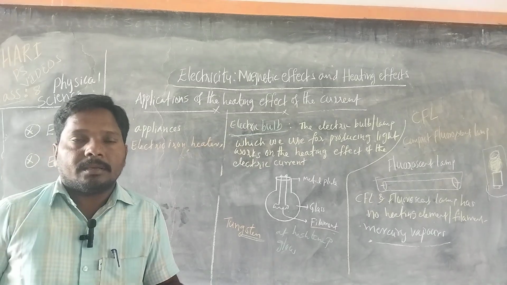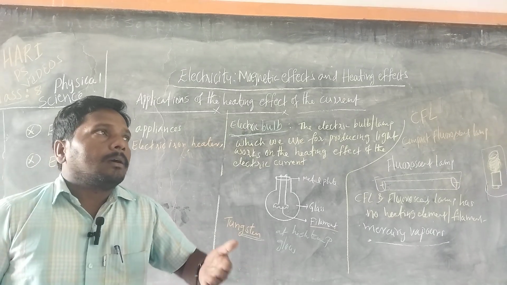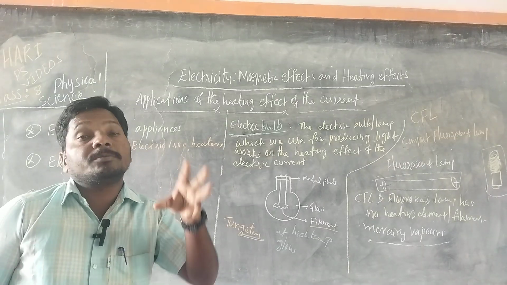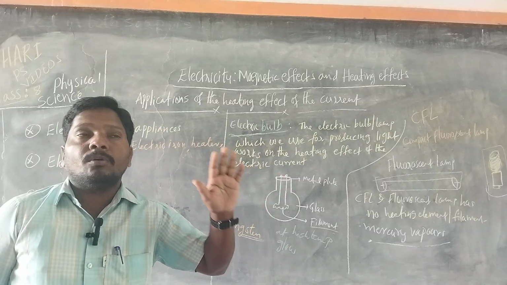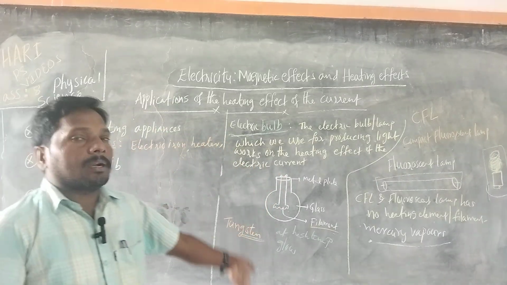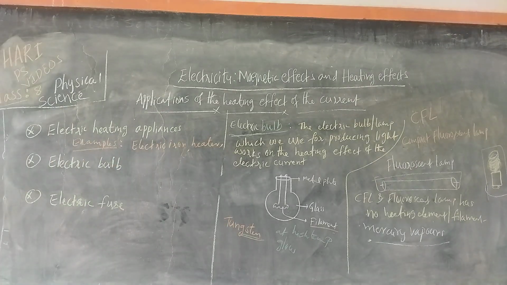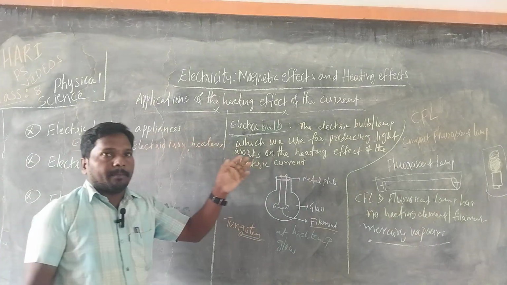Little or no heat energy is produced, they give us more light and consume less energy, and no electrical energy is wasted. But in the case of an electric bulb, electrical energy is wasted. Right?